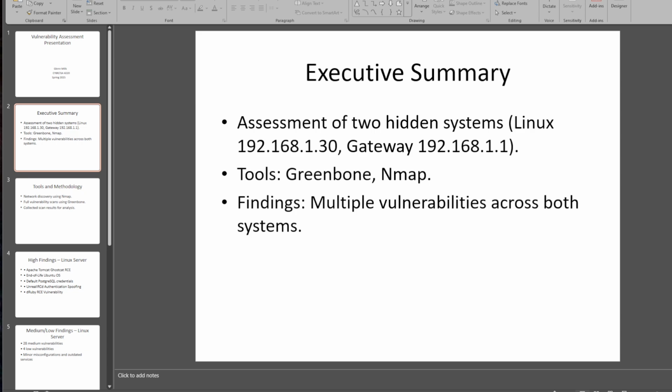With the process of elimination, I took out the 3 machines that we are aware of, and I was able to find the 2 other hidden machines, which are the machines I just listed here: 192.168.1.30 and 192.168.1.1. So thank you for your time.